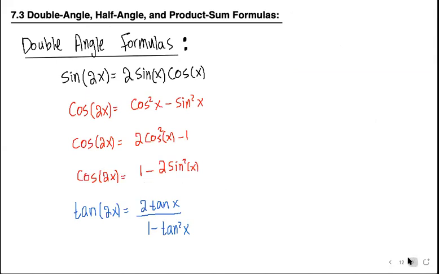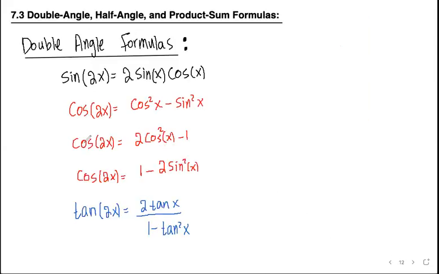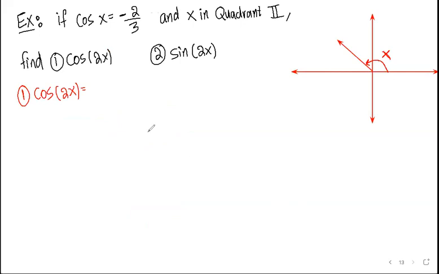They give me only the cosine of x, so to find the cosine of 2x it's better to use number 2. Why? Because in the question they give me only the cosine. So I can use the formula 2 cosine square of x minus 1.